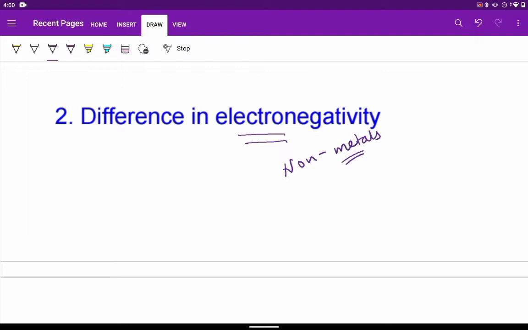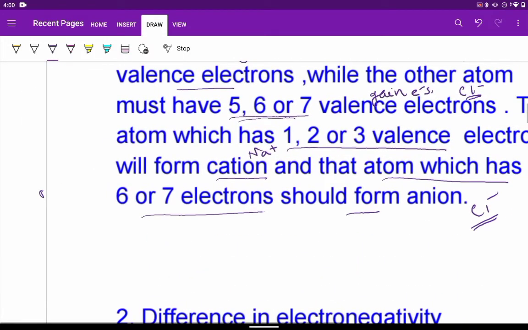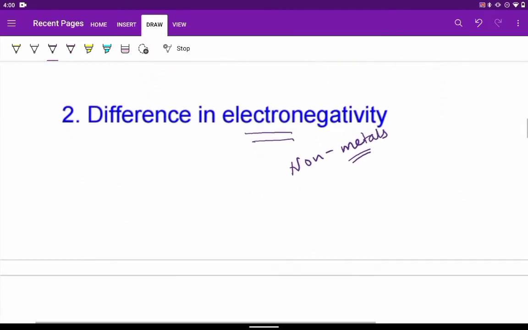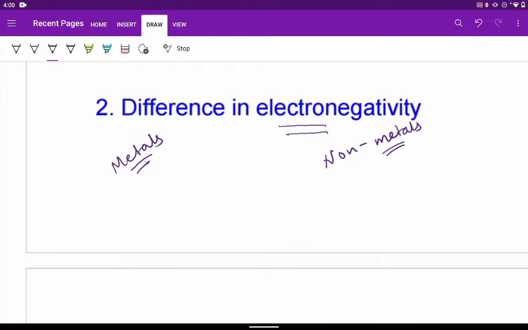So definitely there will be a difference in the electronegativity between the atoms that can help in the formation of the ionic bond. Metals like sodium, they are electropositive, which are found in the left side of the periodic table. Alkali metals, alkaline earth metals, they are all electropositive in nature, whereas nonmetals are electronegative in nature.